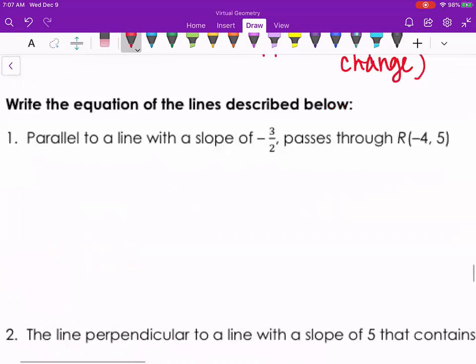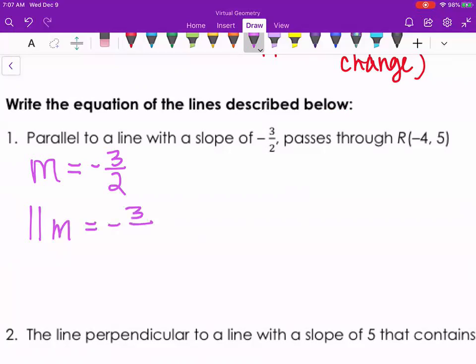So let's start with writing a nice friendly equation here. We want to write the equation of a line that is parallel to one with slope -3/2. So my original slope is -3/2. Remember, the symbol for parallel is two vertical bars. So my parallel slope has to be the same thing, -3/2.